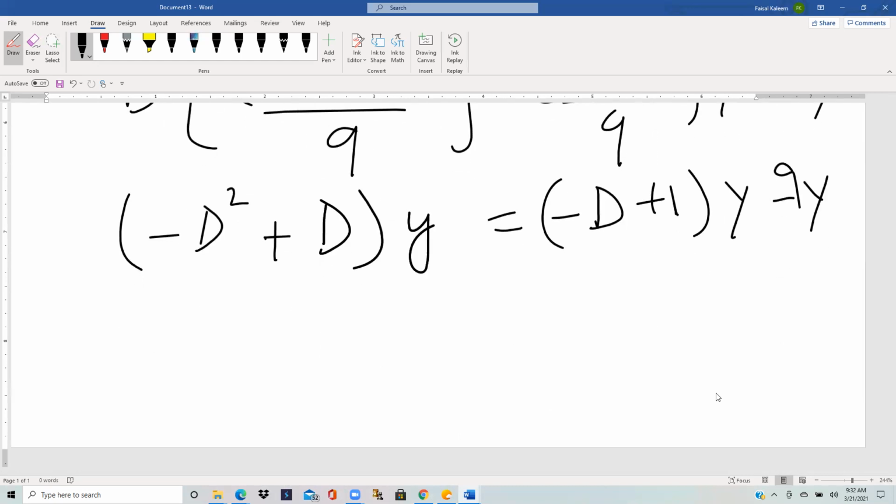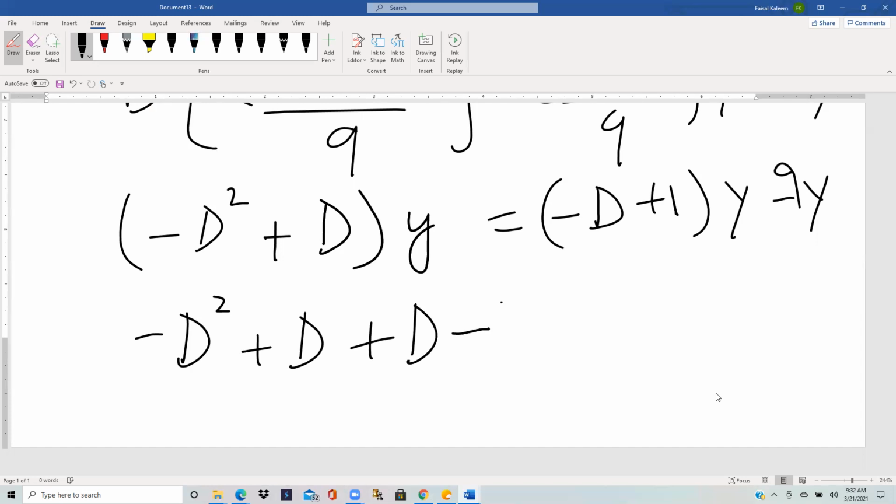And now we collect everything on the left side. So you'll have negative d squared plus d minus 1 plus 9, y is equal to 0.